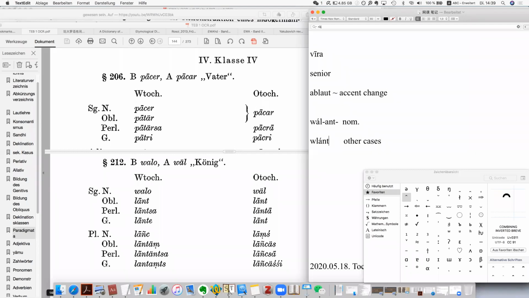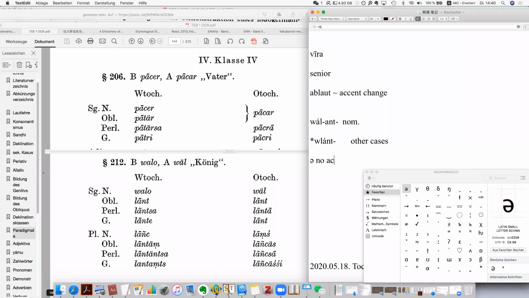So for other cases, this is the form volant. You see, originally there's a here. Originally this is a, but if it is not accentuated, if it is not stressed, then it is deleted.